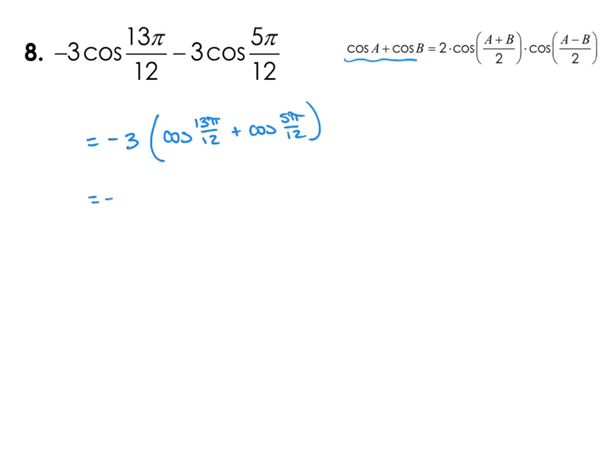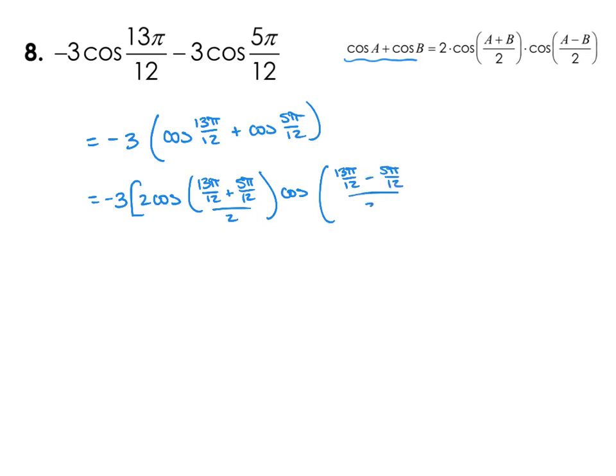So that gives me the -3 out in front, times 2 times the cosine of 13 pi over 12 plus 5 pi over 12 all over 2 times the cosine of 13 pi over 12 minus 5 pi over 12 all over 2.